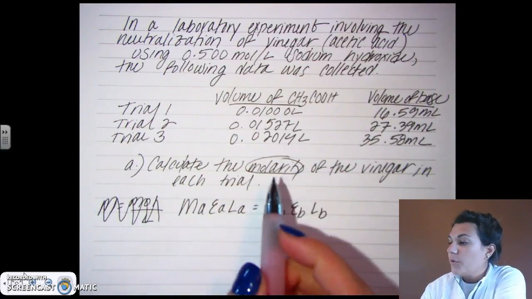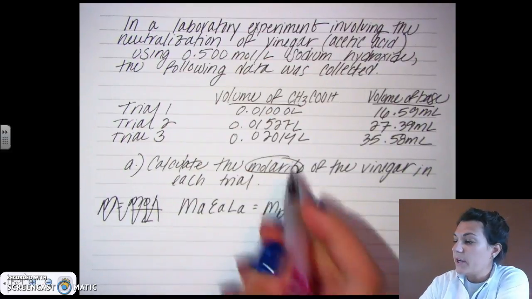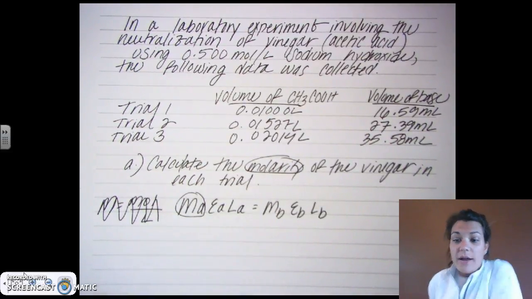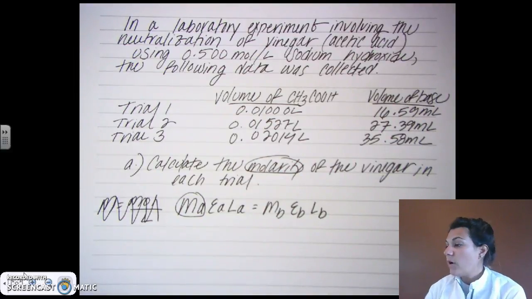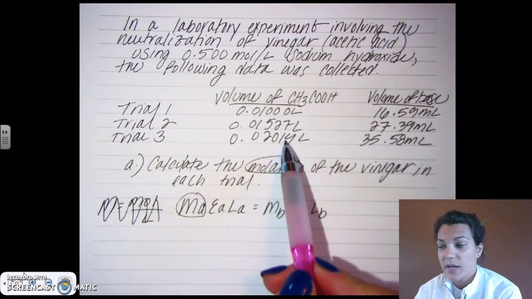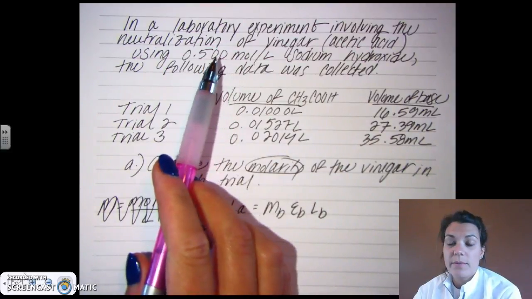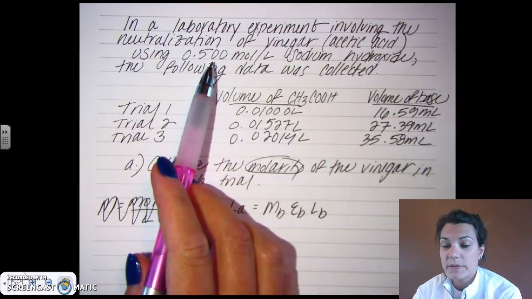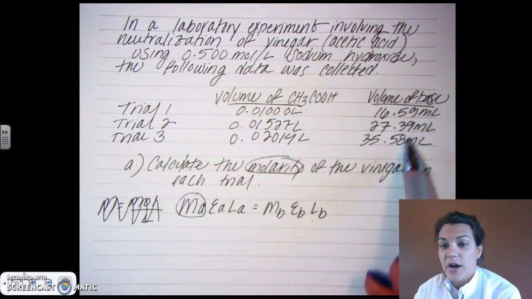So we are trying to figure out the molarity of each trial here for the acid, okay? Now, we do have a volume because the table gives it to us for the acid, and we do have a molarity for the base. The problem gives it to us, right? Because moles per liter is molarity. And then we have a volume for each trial from the base.